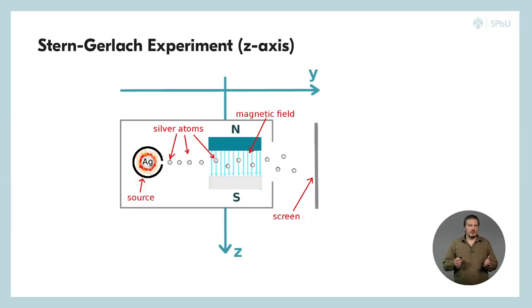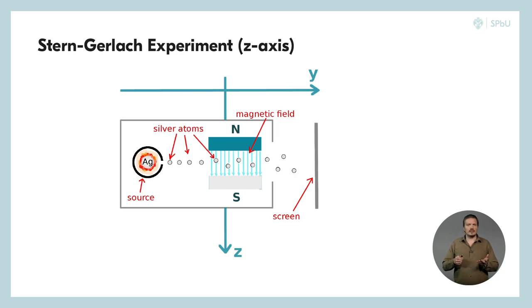In 1922, German physicists Otto Stern and Walter Gerlach conducted an experiment, which is now known as the Stern-Gerlach experiment. They used a narrow directed beam of particles, silver atoms, which was passing through the apparatus where they were exposed to the magnetic field, oriented orthogonally to the particle's propagation.